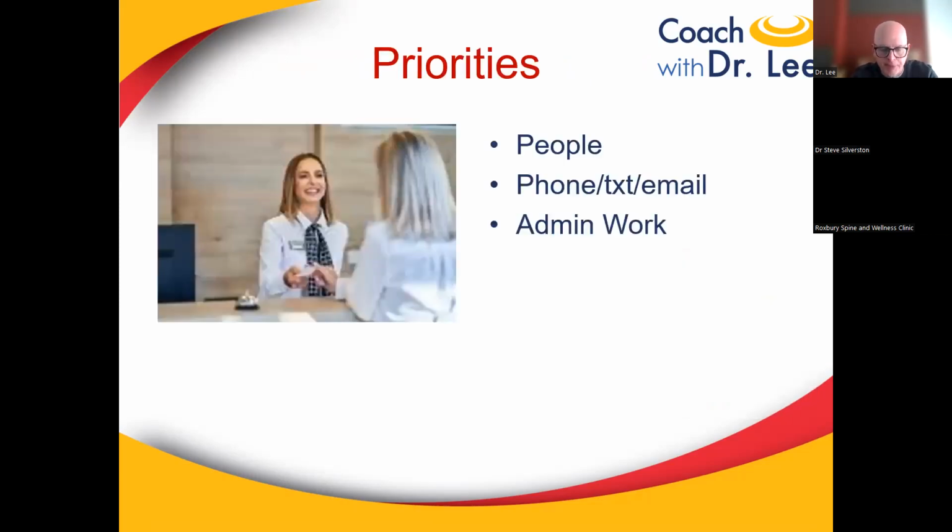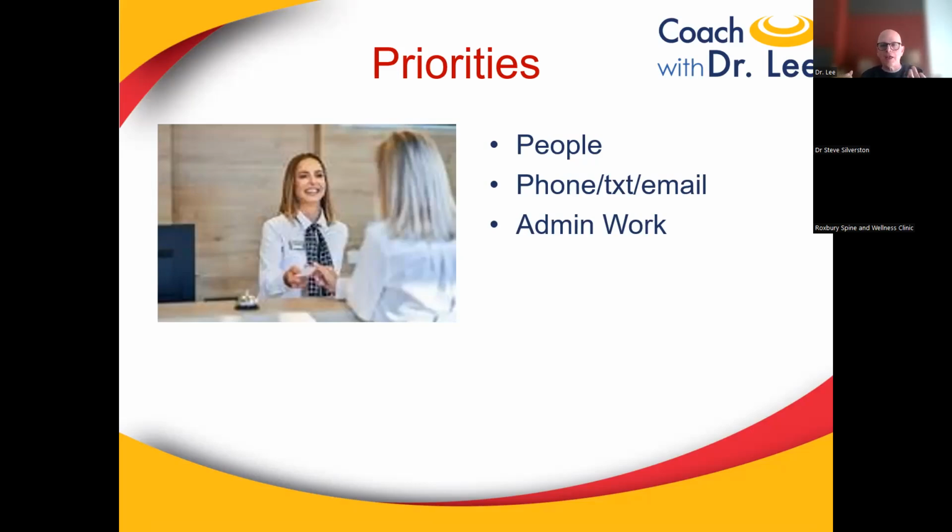For all staff members, docs on down, I want the priorities to be clear. 1, is anybody in front of you, top priority. 2, is individuals through phone, text, email, or any other way, smoke signals that you might need to follow up with. 3rd is all the administrative work. This could mean that you're on the phone or you're searching something on the internet that is tedious, or you're on hold for 18 minutes and somebody actually picks up to deal with you.